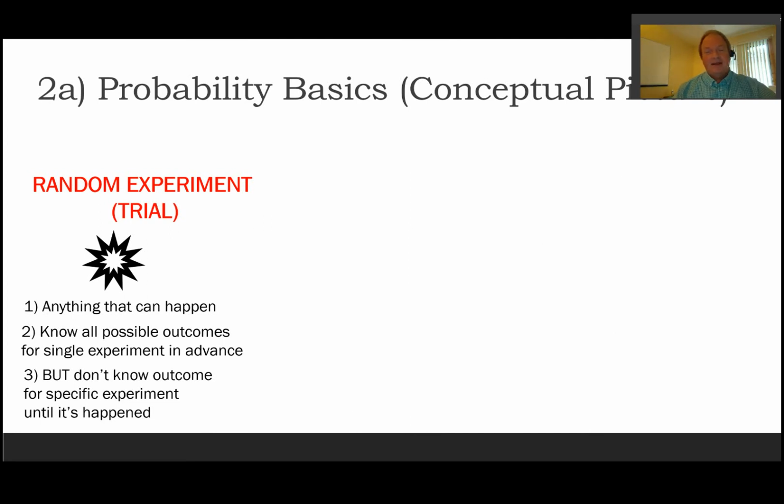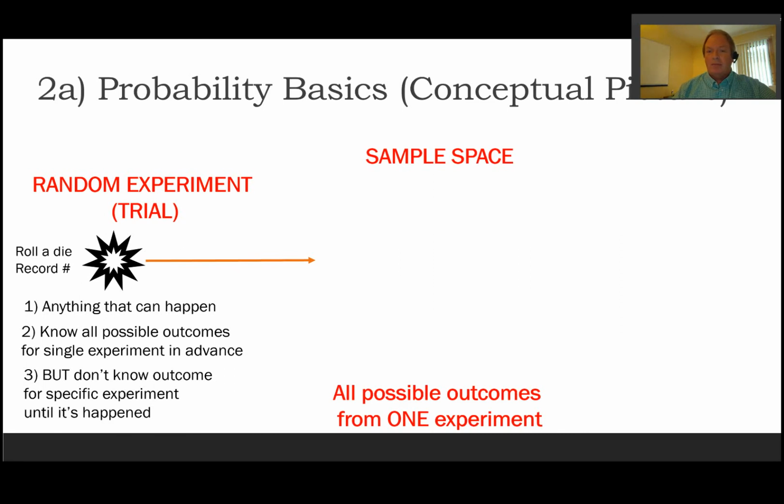Now, this sounds very abstract, so let's work with a concrete example. Let's consider the experiment where I roll a die, and I record the number on the face of the die that's up. And so I can look at the sample space, which is the term we give to all the possible outcomes for one experiment.